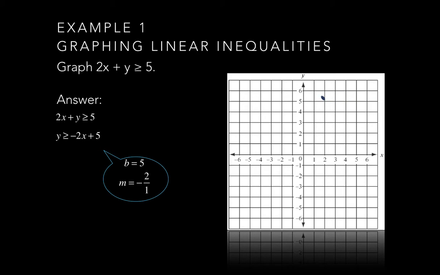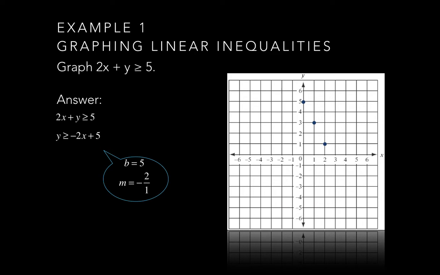Now we can plot those points. Our intercept is where we begin, our b value at 5, and then we're going to go down 2 over 1 because it is a -2 over 1. Look carefully at your inequality symbol.